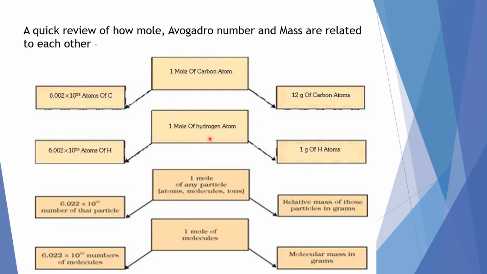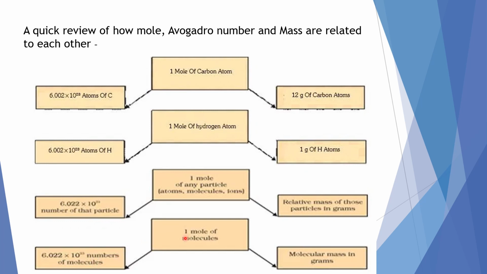Next we take 1 mole of hydrogen. 1 mole means 6.022 into 10 power 23 atoms of hydrogen. 1 mole of any particle, atoms or molecules or ions, means 6.022 into 10 power 23 of that particle. Next, 1 mole of molecules means 6.022 into 10 power 23 molecules.